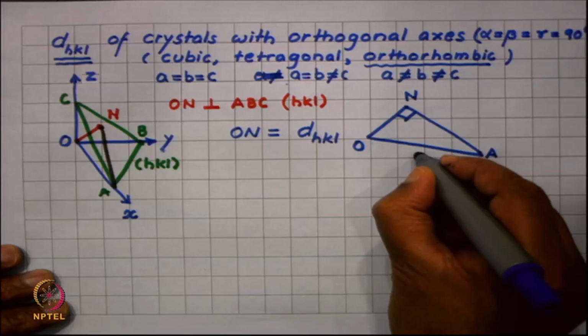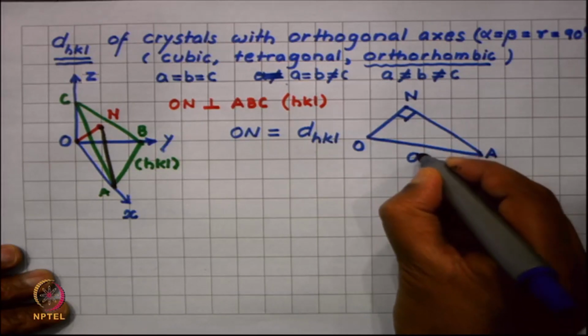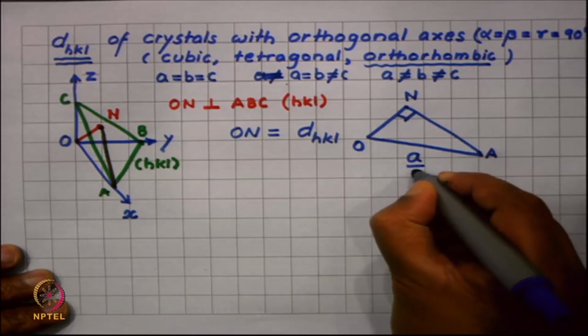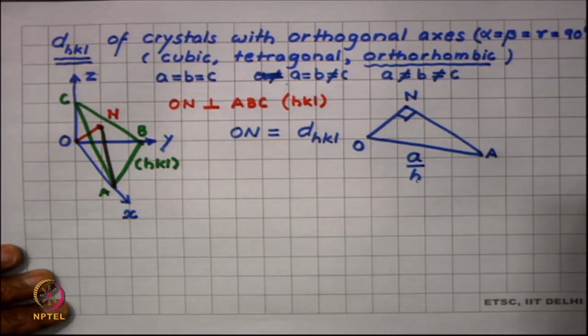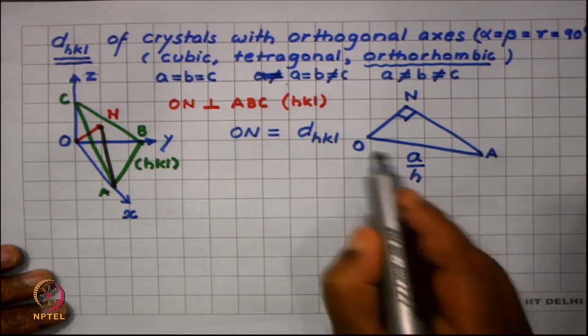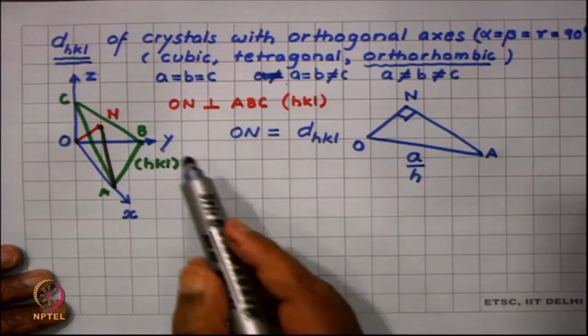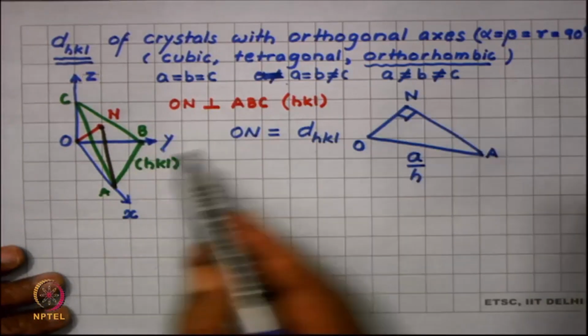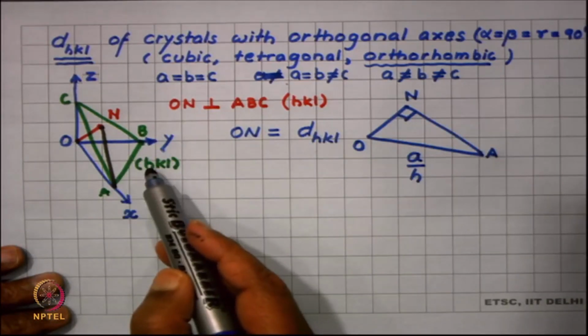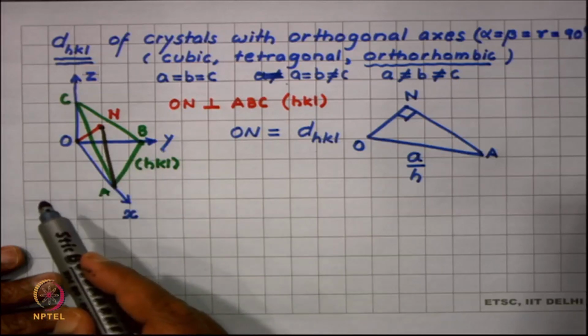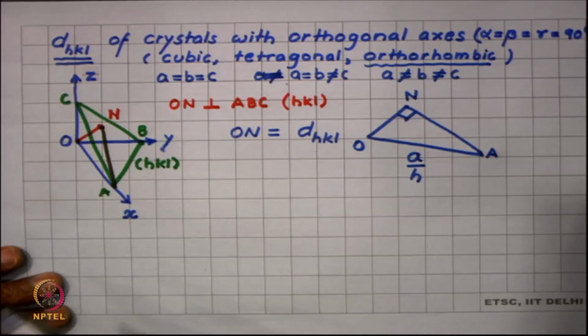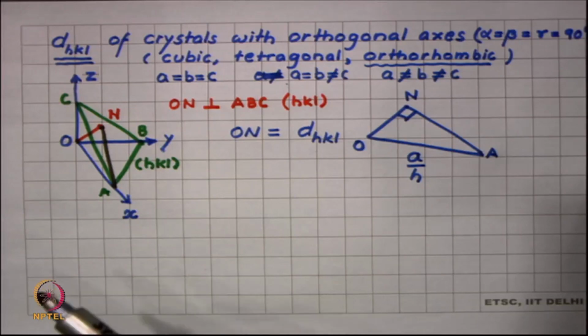OA, you now know, the magnitude of OA can be written as a by h, that is the reciprocal intercept. hkl is the plane, so the first number is the reciprocal of the intercept, that is 1 by h, but this intercept is in terms of the corresponding lattice parameter.